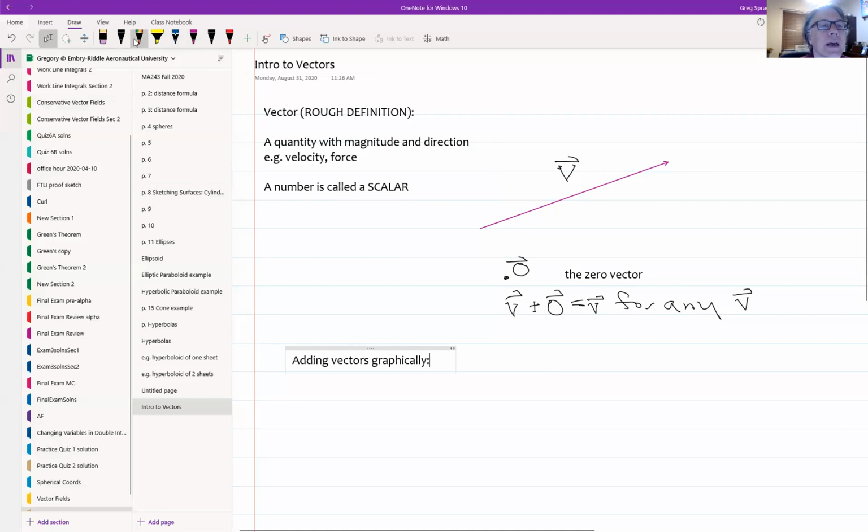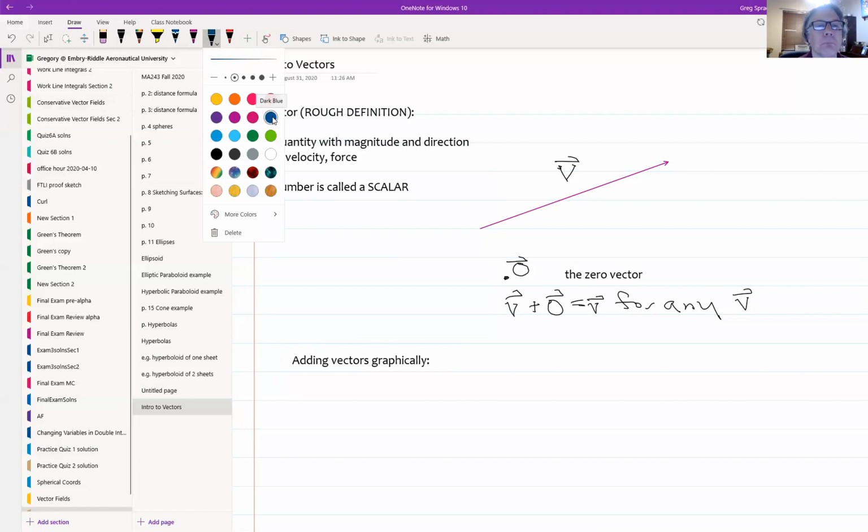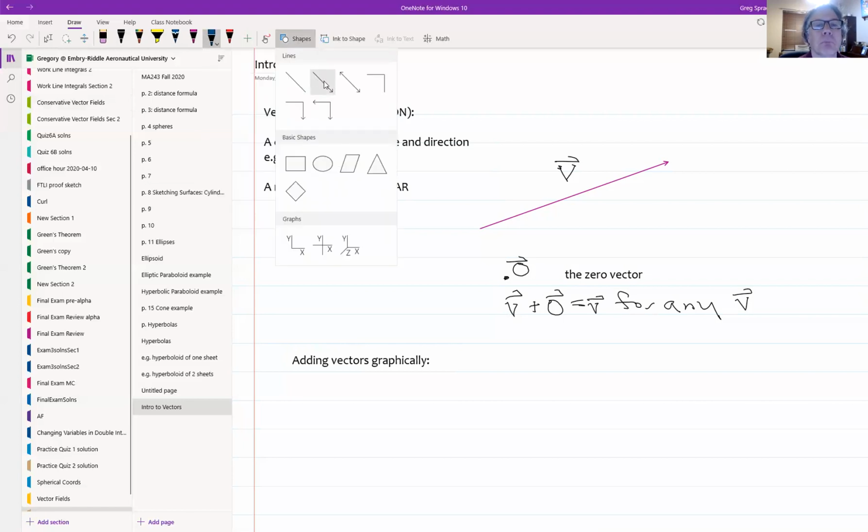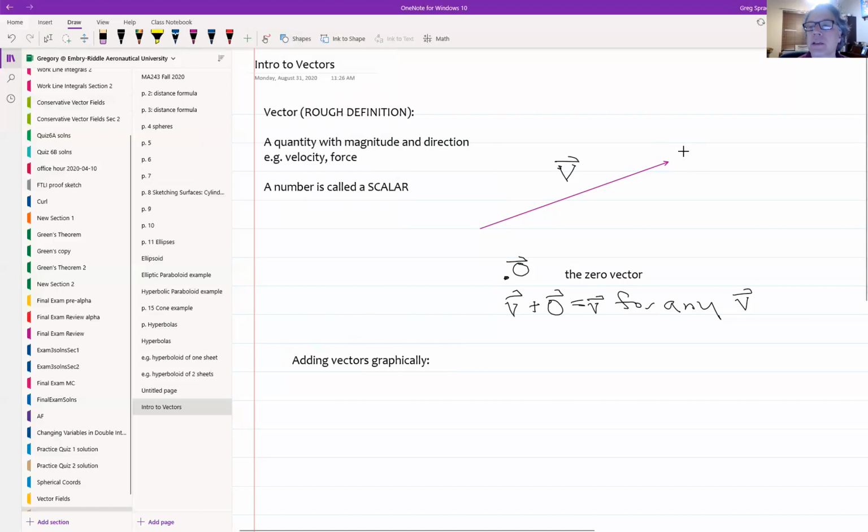So suppose I have a second vector. We draw another vector. That one's V, so I'll make this one W. Okay. Now to add them together, I draw one, and then I draw the second one at the tip of the first one.